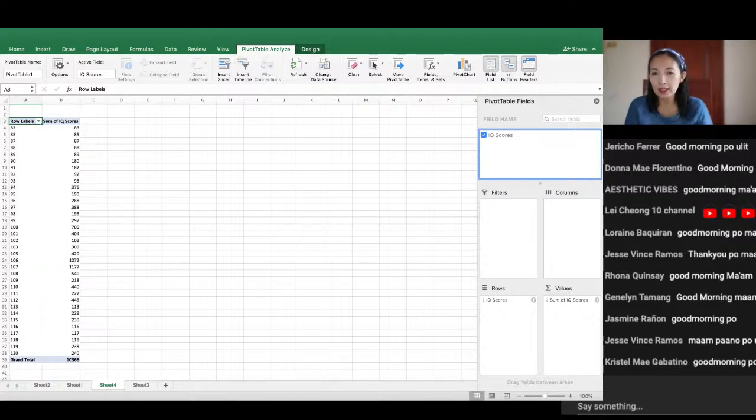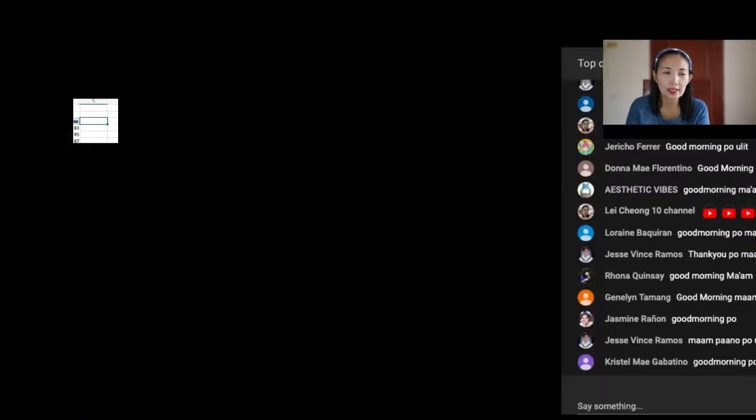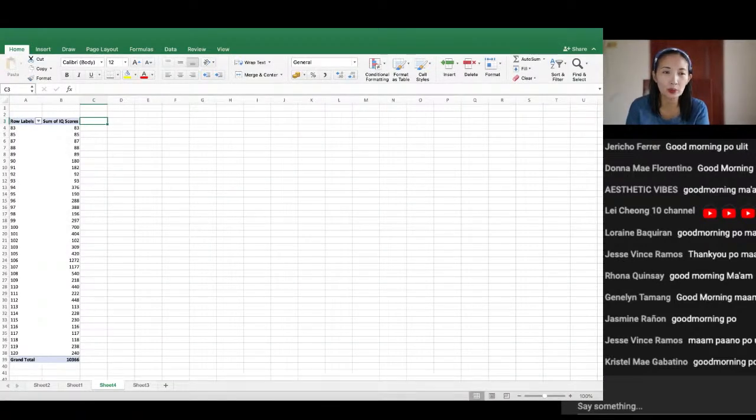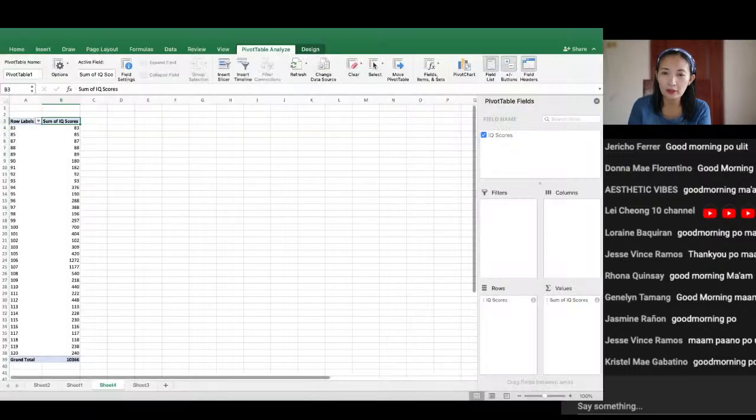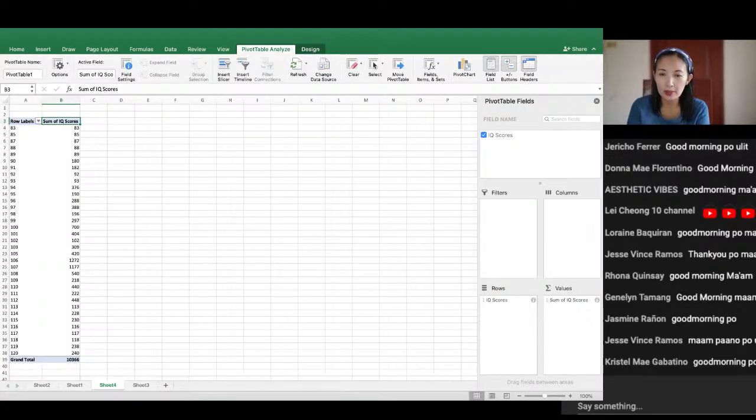But we're not interested in the sum of values. What we want is the count, or frequency, or number of students who got 83, 85, 87, and so on. So going back to our pivot table field, to that box on summation of values, click on this small icon here.